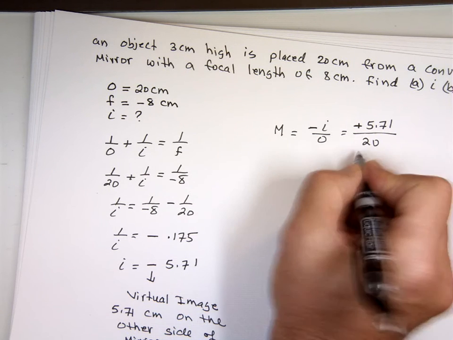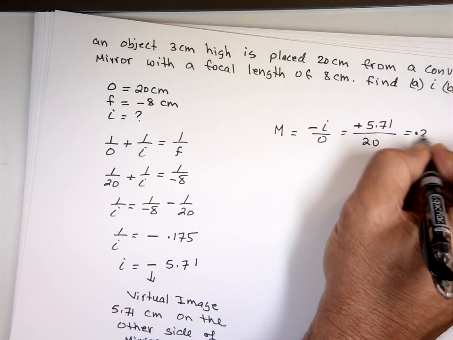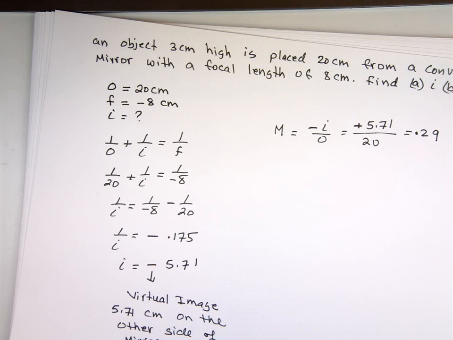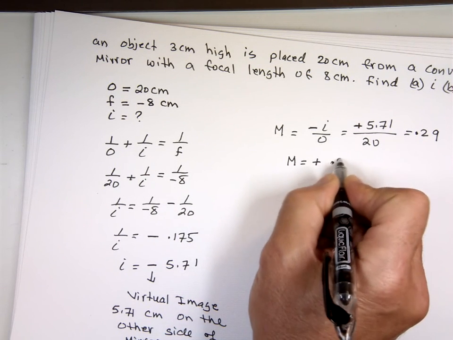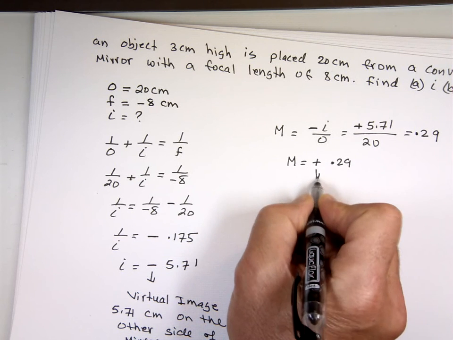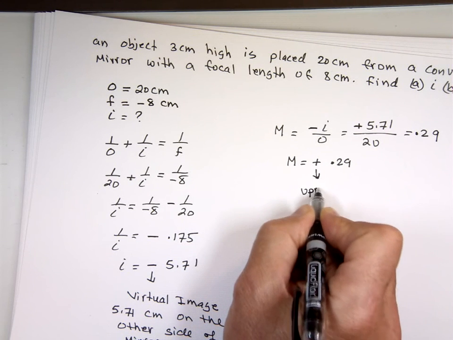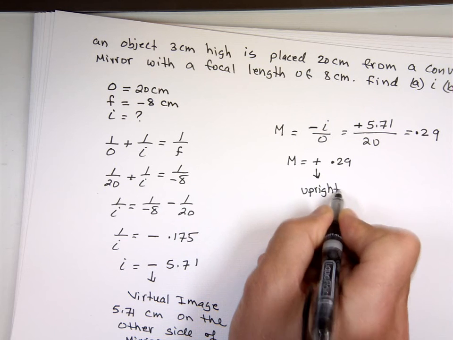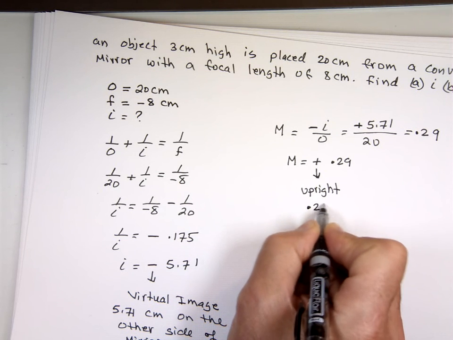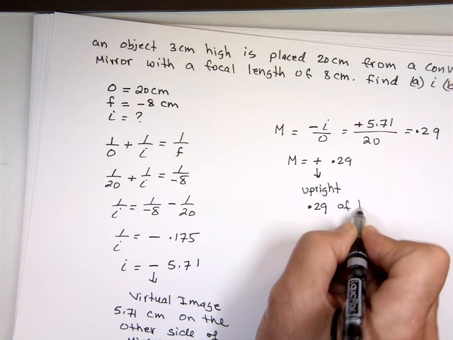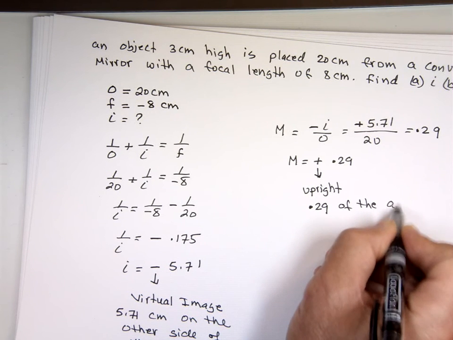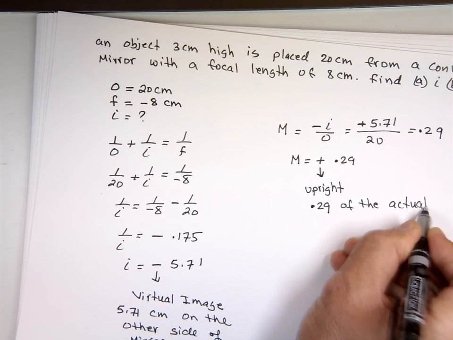Notice it's positive, so the magnification is positive 0.29. Positive means what? It's upright. And the size of it is 0.29 of the actual size. Shrunk, reduced.